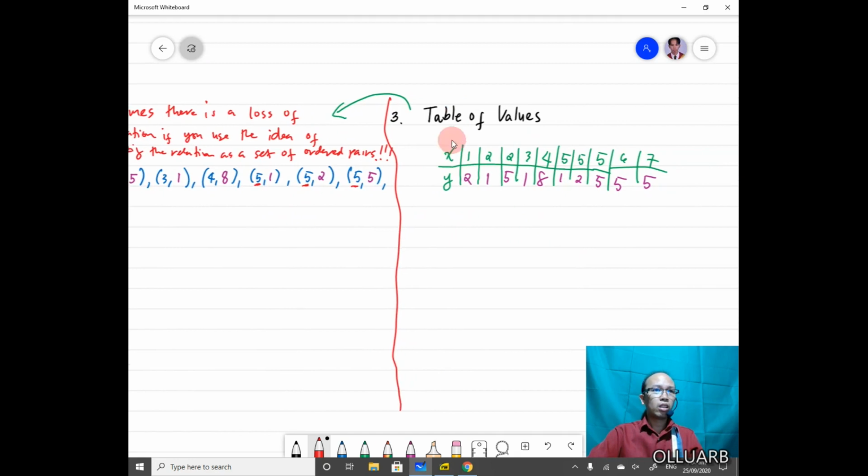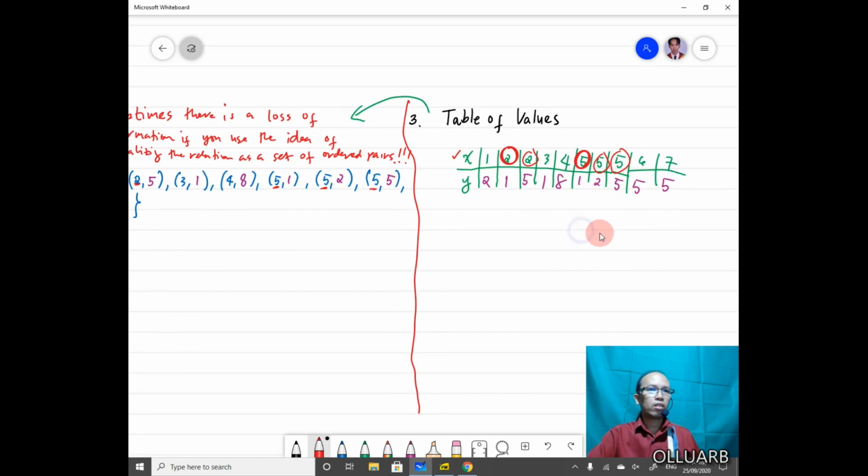Also, in the table of values, the idea here is the x, the domain, is repeated. Okay, as you can see here. It doesn't matter in the codomain.